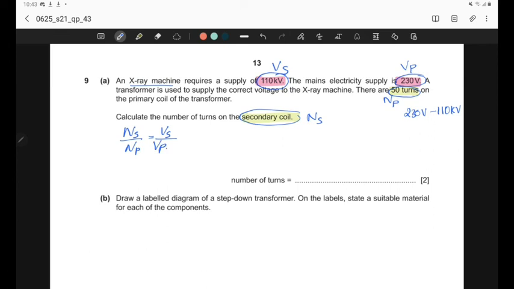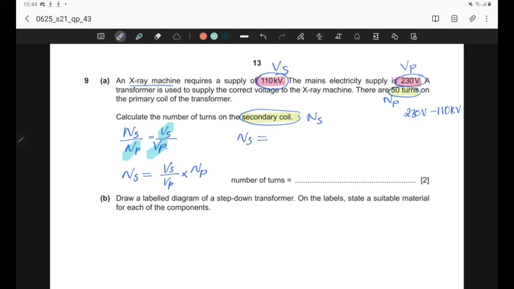So we can substitute the values which we have. We have the values of Vs, Vp and Np. First I am rearranging the equation as I need to calculate Ns, the unknown value. I am keeping Ns at the LHS of the equation, and Vs over Vp is already at the RHS. I am taking Np to the other side, so I will get the new equation like this. Now I can substitute the values.